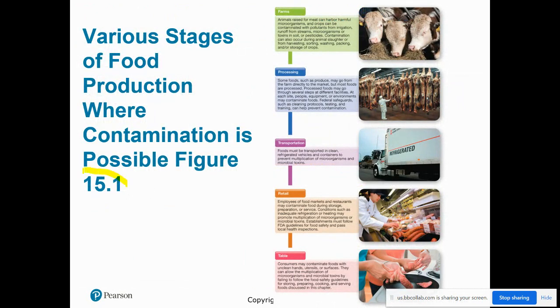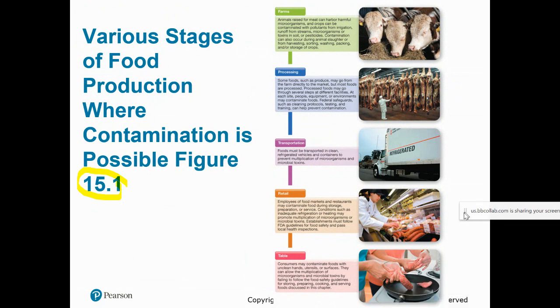This table from your book, figure 15.1, gives you an example. This would be for meat processing and packaging. It shows you 5 steps of the food production pathway. And honestly, sometimes it isn't even this straightforward. But you have, on the farm itself, certainly that's where some contamination can occur.